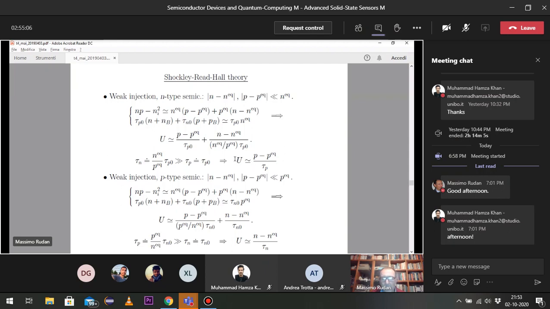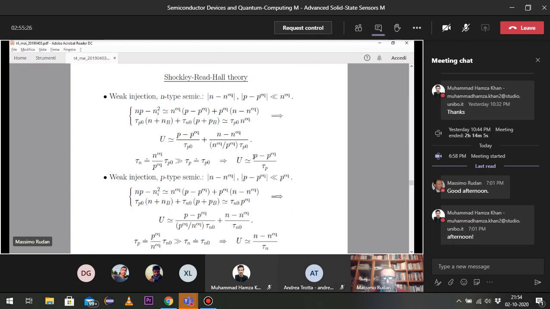Conclusion: in the weak injection condition, if we are in a zone that is N-type, then U depends only on the minority carriers. That depends only on P, okay?